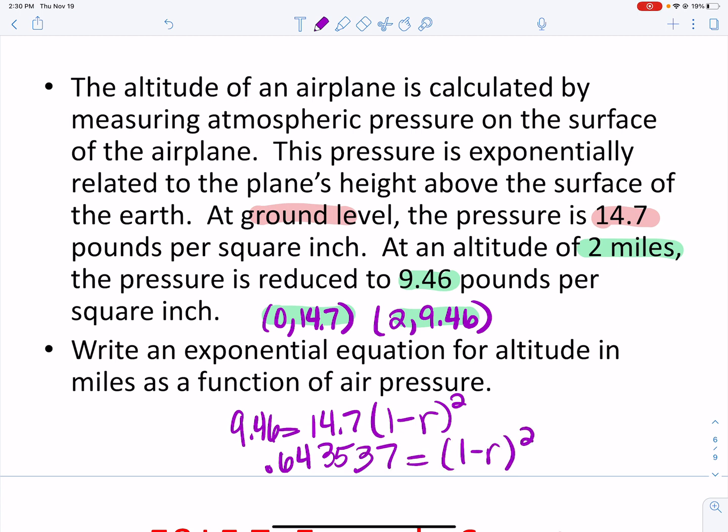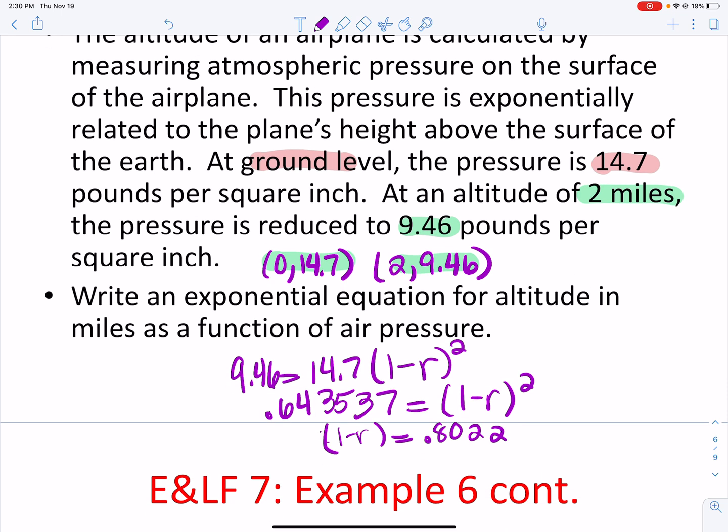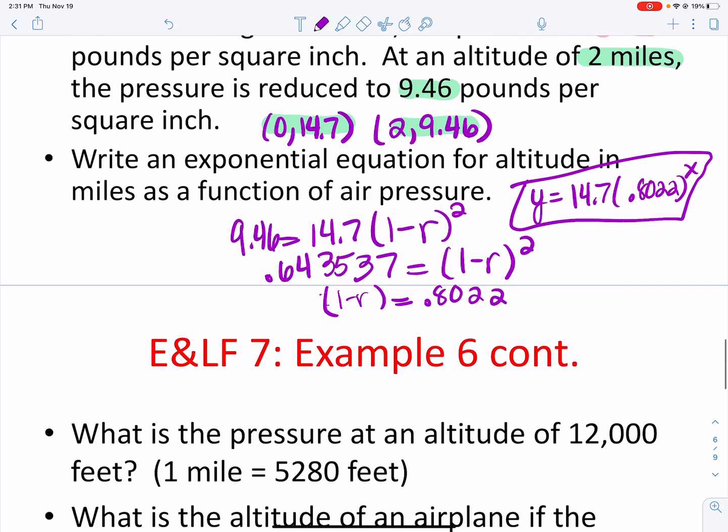Now I'm going to undo squaring something, so I'm going to square root it. And I get 1 minus r equals 0.8022. So my answer would be y equals 14.7 times 0.8022 to the x. So that would be my equation, okay?